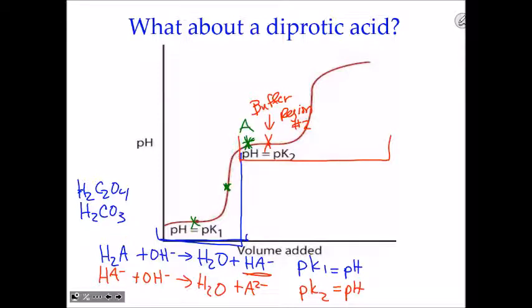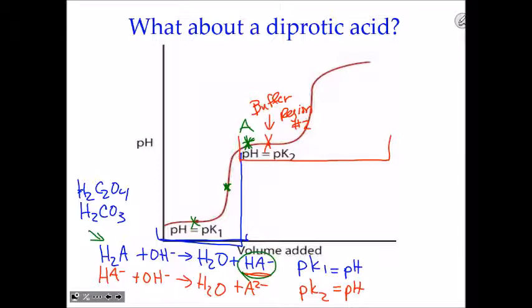HA minus. Why HA minus? That is true, but why? Good, yes. So at this point, all of the H2A has been changed over into HA minus because we've already gone to that equivalence point.